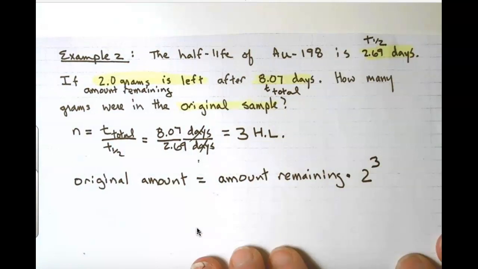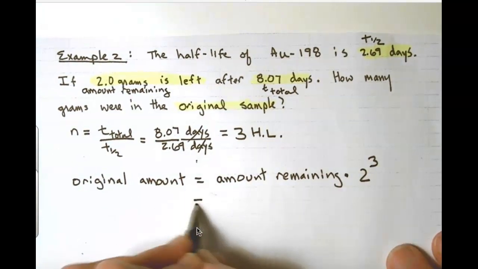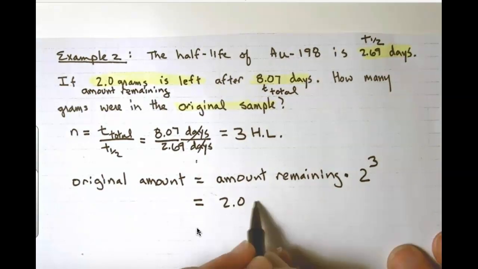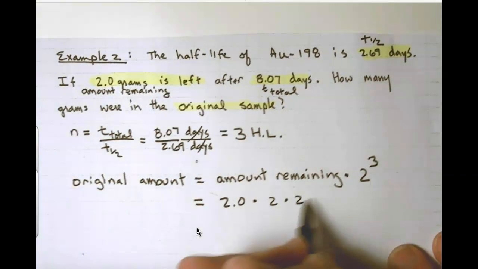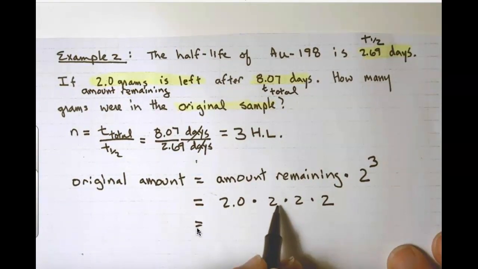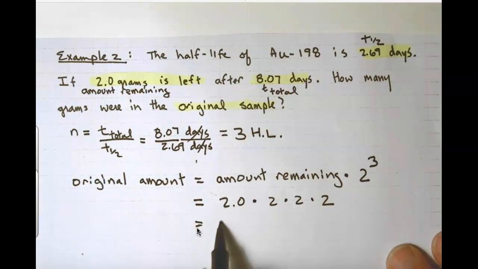So the original amount is how much was left, times 2 three times: times 2 times 2 times 2. 2 times 2 is 4, times 2 is 8, times 2 is 16 grams.